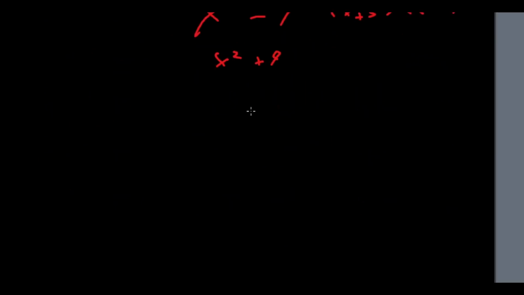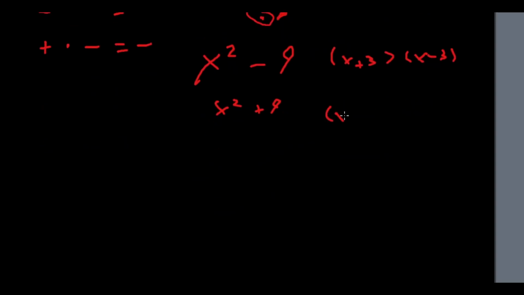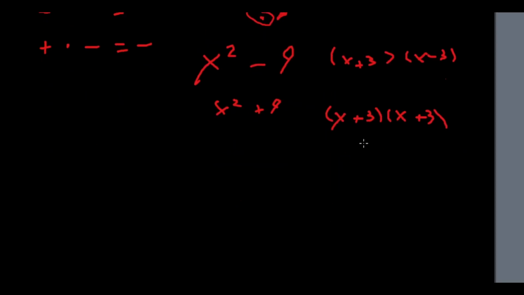when we have something like x squared plus 9, let's just think about it in reverse, right? If we have x plus 3, for this example right here, positive n was our yang, I think.